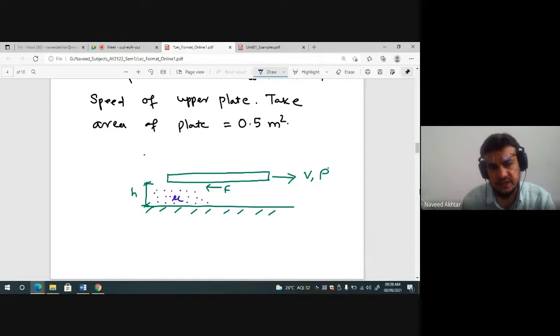This is the fluid, and it is saying oil of viscosity.